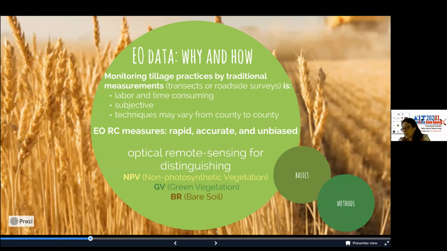So the EO data in this case and in many other applications has been used because they are more rapid, accurate, unbiased, and more economic as well. And most of the literature deals with optical remote sensing and on distinguishing three main categories, which are non-photosynthetic vegetation, green vegetation, and bare soil.